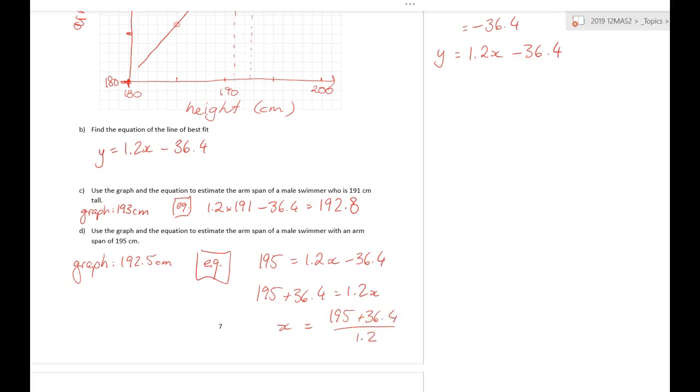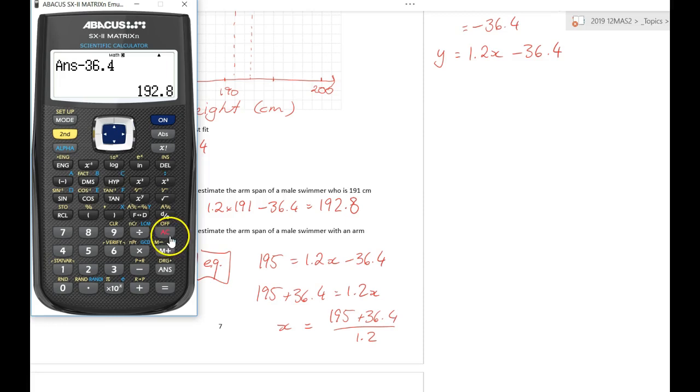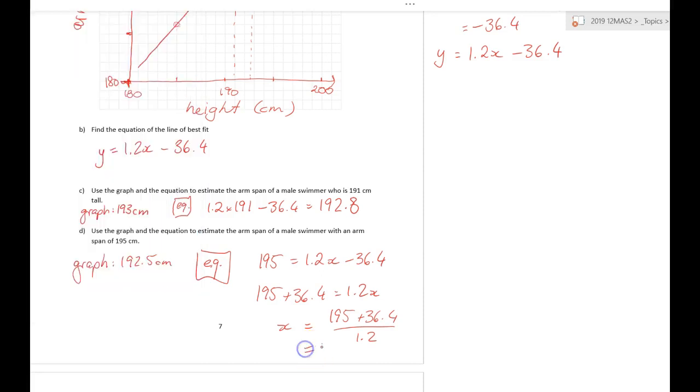Back to the calculator: 195 plus 36.4, divided by 1.2 equals 192.8. Compared to 192.5, that looks pretty good to me.